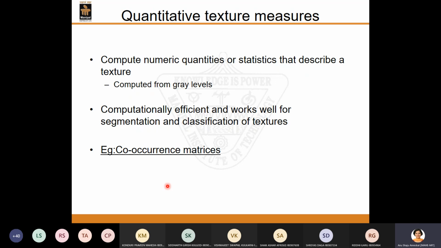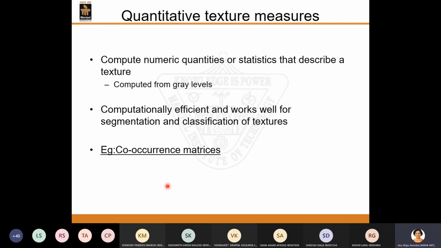So two different looking images may have the same kind of histogram distribution. That is one disadvantage, which means that it will look at only the pixel value variations within the image. It does not look at the location of the pixel intensities.